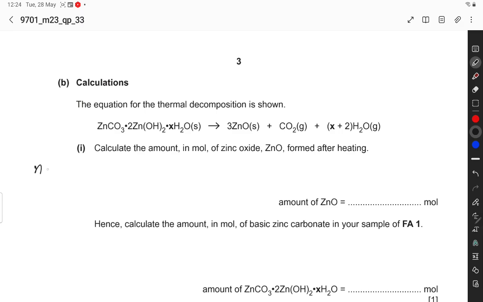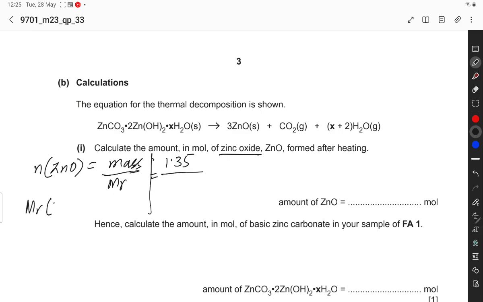We know mole of zinc oxide is equal to mass over Mr. So mass, this is the mass of residue, we have 1.35 divided by Mr of zinc oxide, which is 81.4.